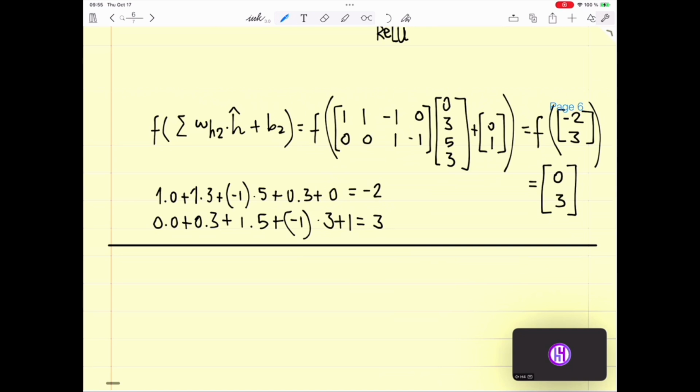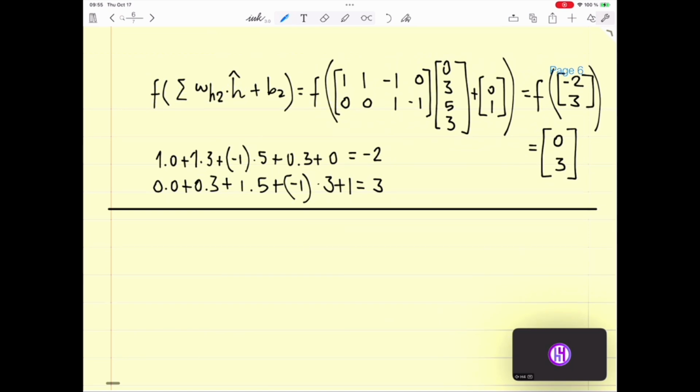Okay, so so far we have seen the feed forward process. Now we're going to have our feed forward and back propagation. So perceptron with hidden layer.